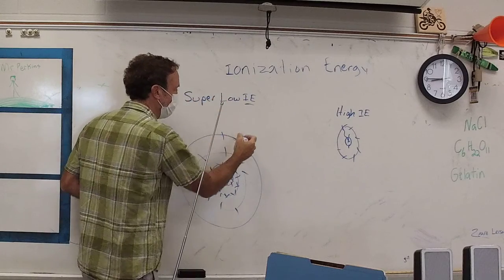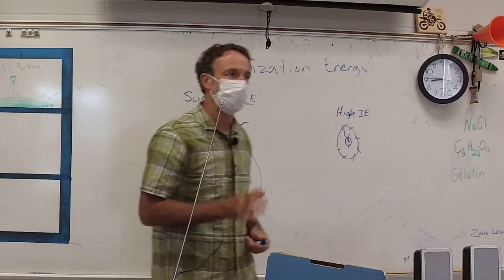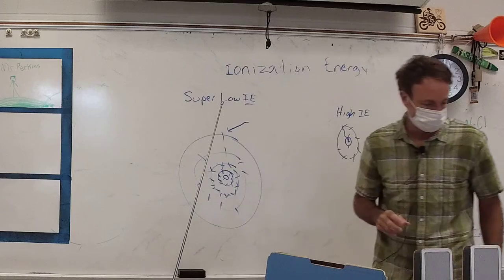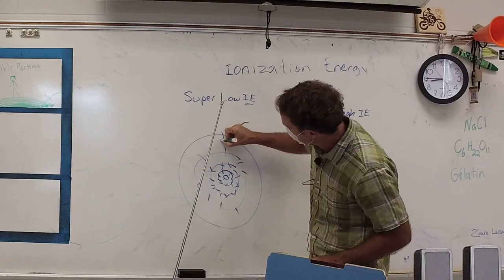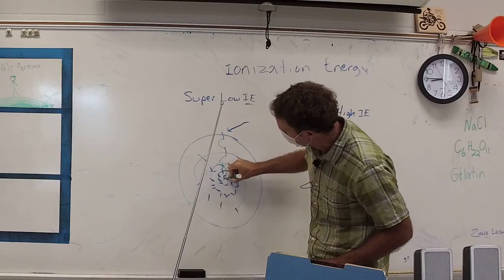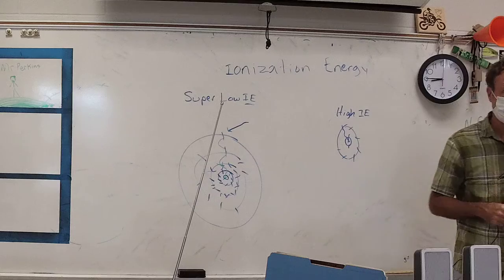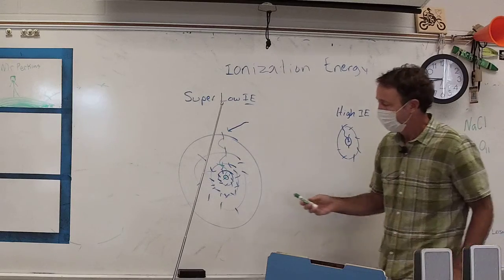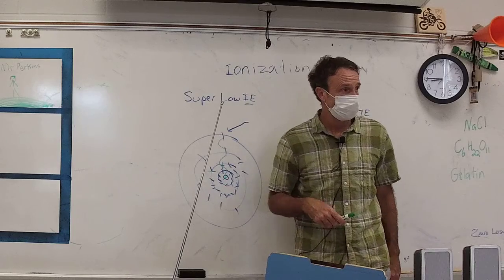The energy required to steal this electron would be very, very low. There's 2 reasons. Reason number 1, look how far away this electron is from the protons. That's reason number 1. Reason number 2, all of these other electrons are in the way.